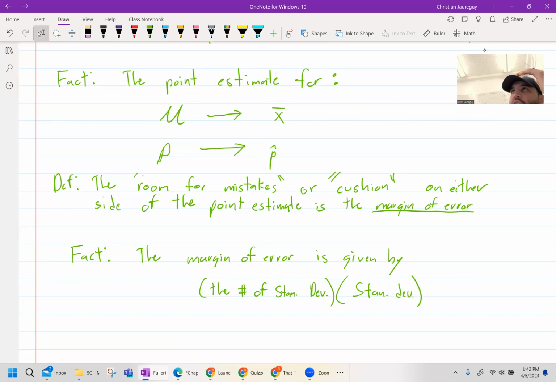If my standard deviation is 3, then I go up 6 and down 6. If my standard deviation is 0.02, I go up 0.04 and down 0.04, something like that.